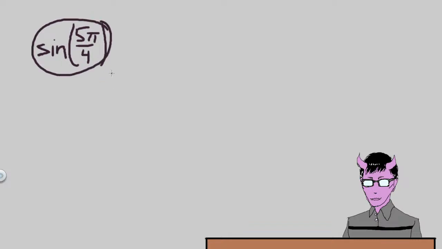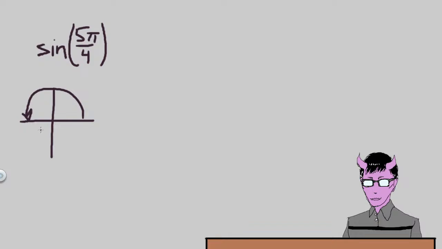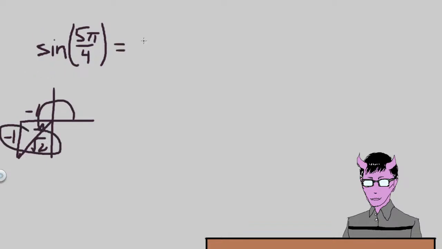In fact, we already saw this angle in the previous problem, right? This is going to be 4 pi over 4 with a spillover of pi over 4. So we are in quadrant 3. So this is already doable. Negative 1, negative 1, root 2. So sine of that is going to be opposite over hypotenuse.